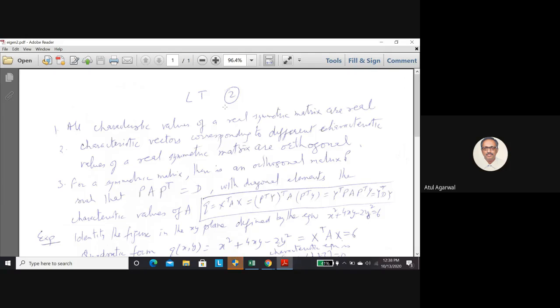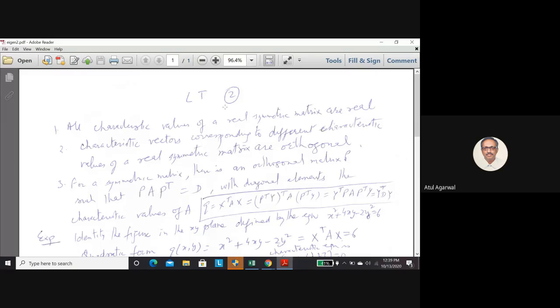Number 2, eigenvectors corresponding to different eigenvalues of a real symmetric matrix are orthogonal. So if you have a real symmetric matrix, your eigenvectors will be orthogonal, meaning they will be perpendicular to each other. In the last slide, whatever eigenvectors we got need not be orthogonal.